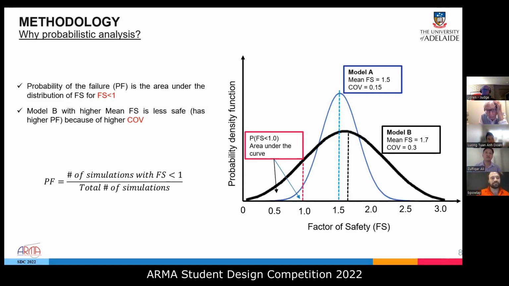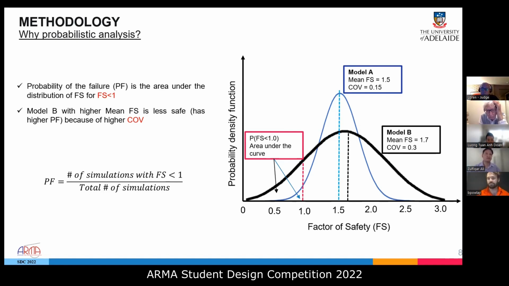This illustration shows nicely how a coefficient of variation can affect safety. We recorded the probability of failure as this area under the curve, which was the number of simulations with a factor of safety less than 1 against the total simulations run.